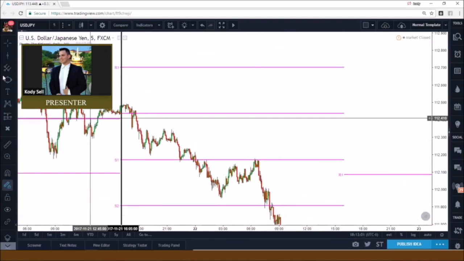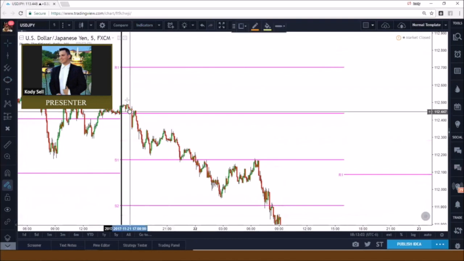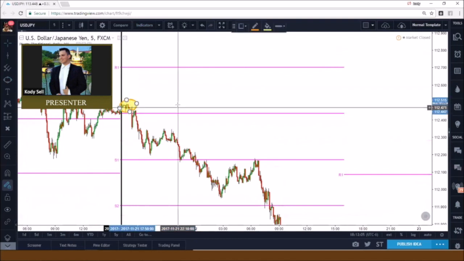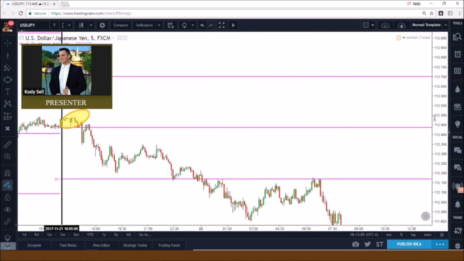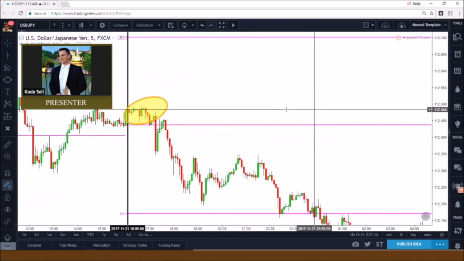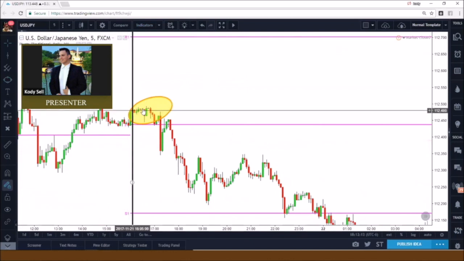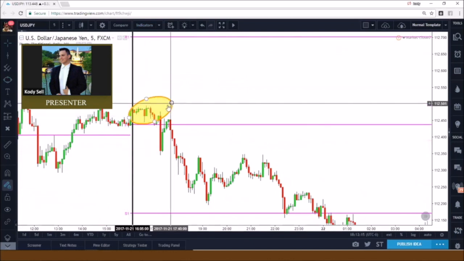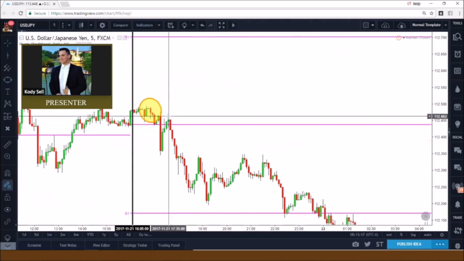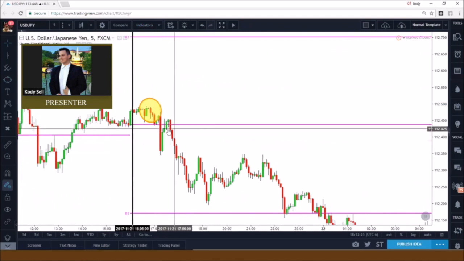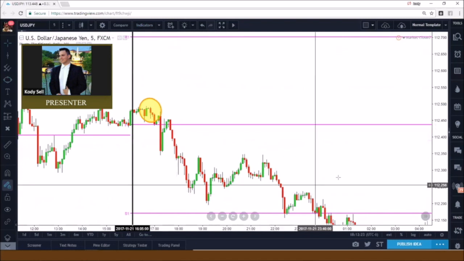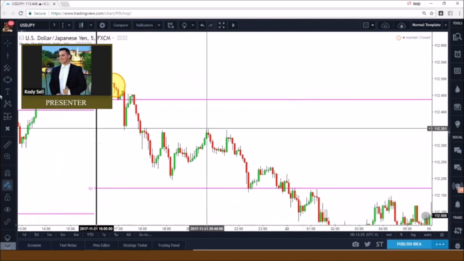Let me zoom in. The day opens up right in this region. Now, you know how support and resistance works, hopefully, by now. So notice how price opened up over here, came down, bounced up off of this pivot level, and then we had a big candle breakthrough. We came up for a retest, it held at resistance, and then price came down. Where did price come down to?